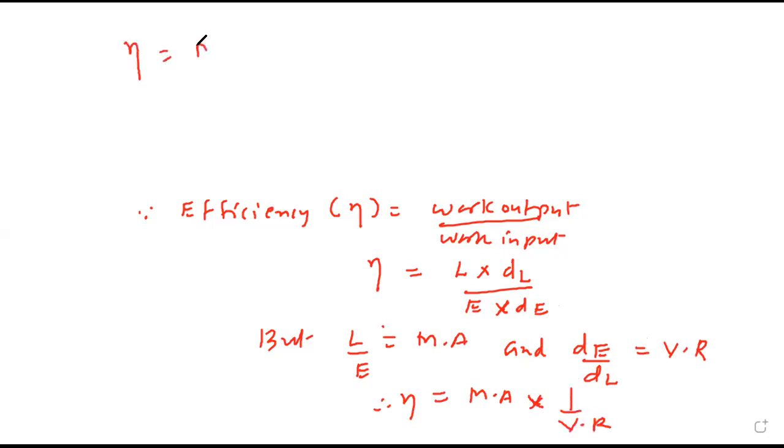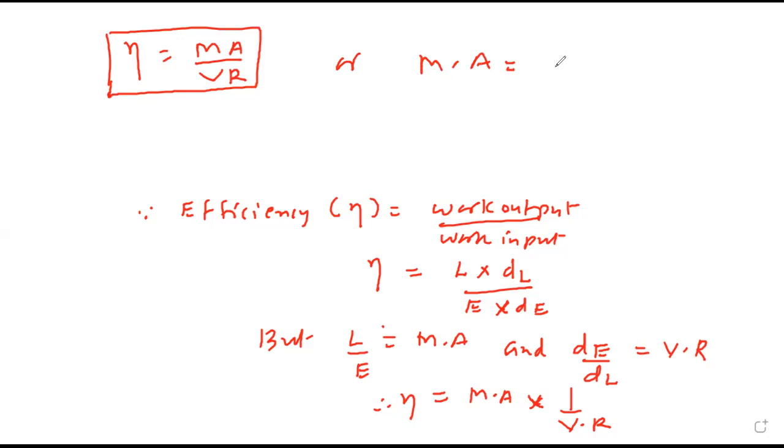So efficiency is the ratio of mechanical advantage and velocity ratio, or mechanical advantage is velocity ratio into efficiency. Please copy. So mechanical advantage is the product of velocity ratio and efficiency.